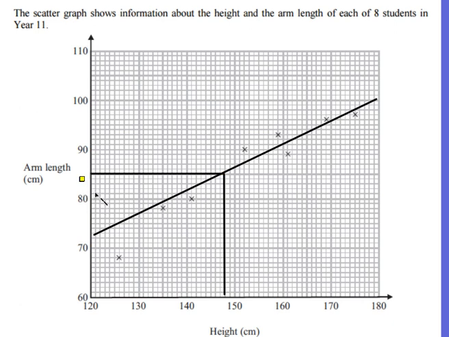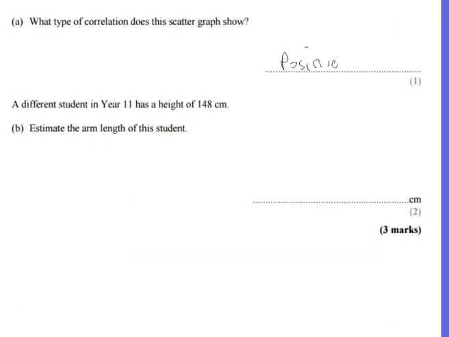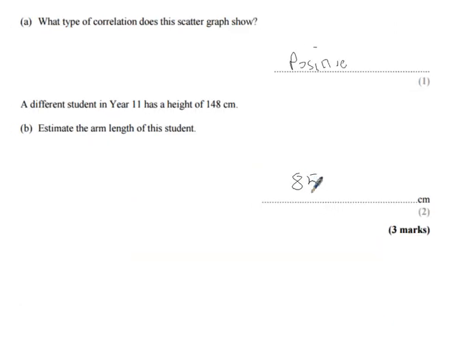On this one that appears to be, sorry, 85. I'm reading off this scale here. It's exactly halfway between 80 and 85, so it's 85. So we're estimating that this is going to be 85 centimetres. And you do get a bit of leeway on that, but not too much.